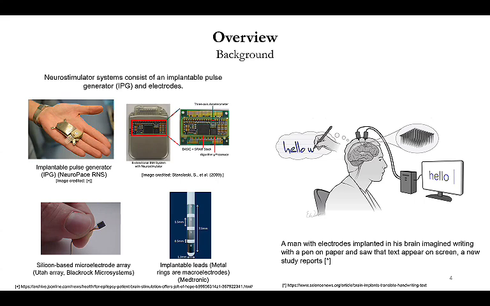They implanted the microelectrode array in the brain region, and the patient just imagines handwriting certain words, and there is a decoder machine in the PC that decodes the neural signals and generates words and letters in a meaningful manner.